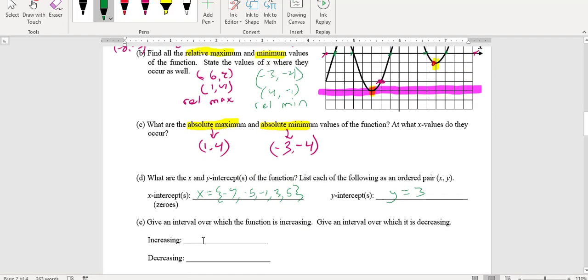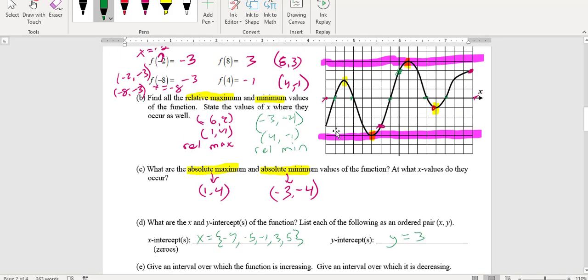So this question asks, give an interval over which the function is increasing, and then give an interval over which it's decreasing. We have choices, so we can pick whatever we want. I'm going to pick, for an increasing one, because I like reading left to right, this first interval right here. The function is increasing from this spot to this spot.